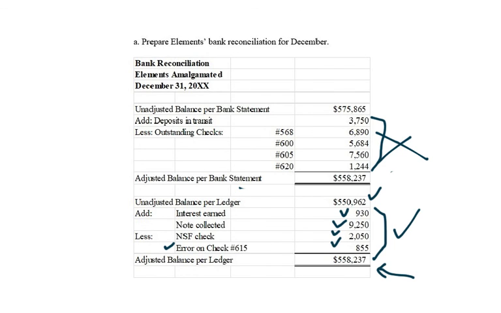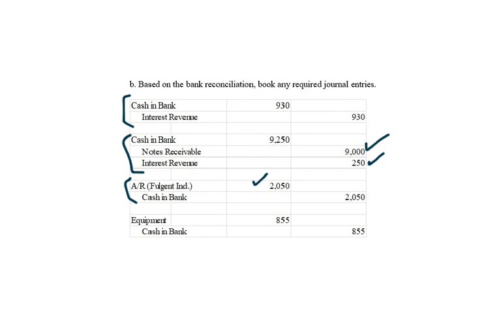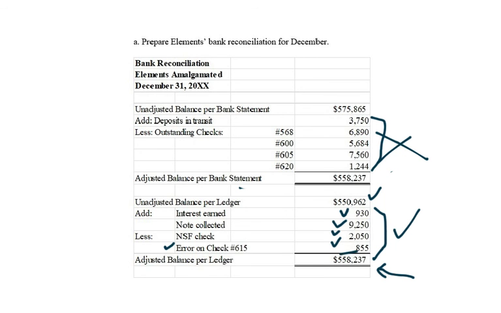We should add $855 to the equipment balance, debit that, and then credit cash for the same. After we book these 4 transactions, our balance will now equal the reconciled balance. That's why you should always look at a bank reconciliation as a source document for your adjusting entries at the end of the period.